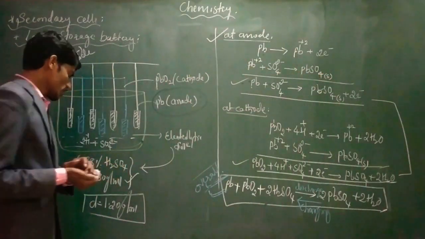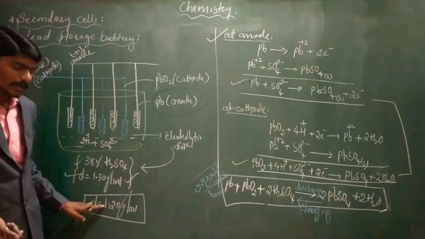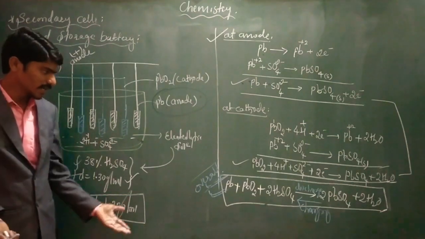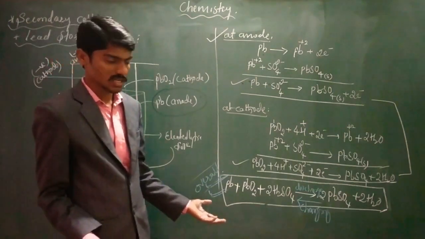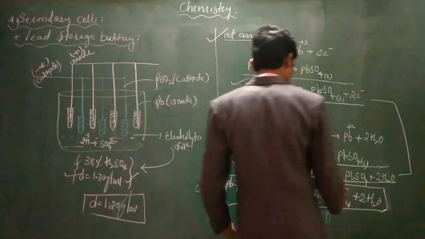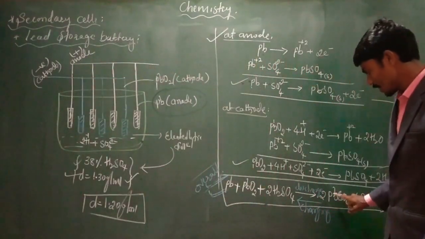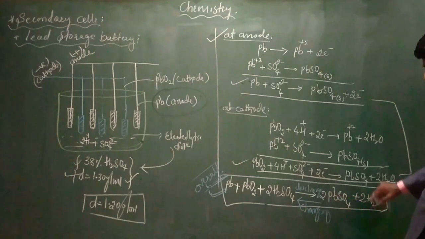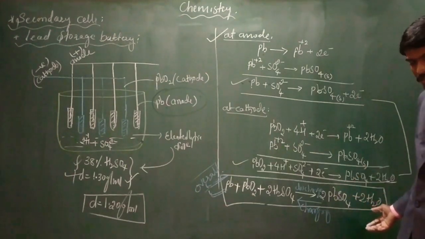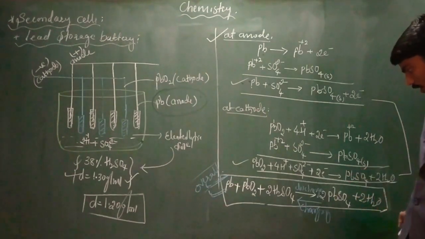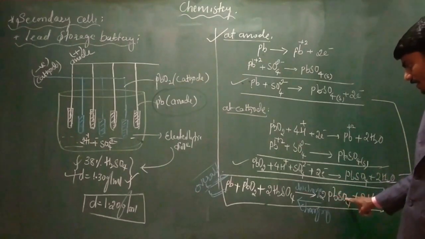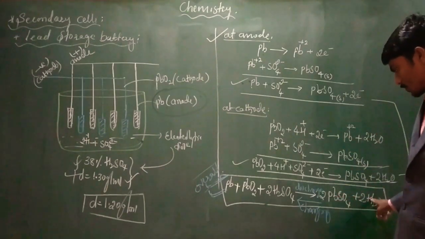And the point is, if the density falls to 1.20, the battery needs charging. And while charging, the cell reactions get reversed because अब हमारे पास क्या है? Lead sulfate plus water है. When it is electrolyzed, electric current इसको पास किया तो क्या हो जाएगा? Lead sulfate decomposes in the presence of water.